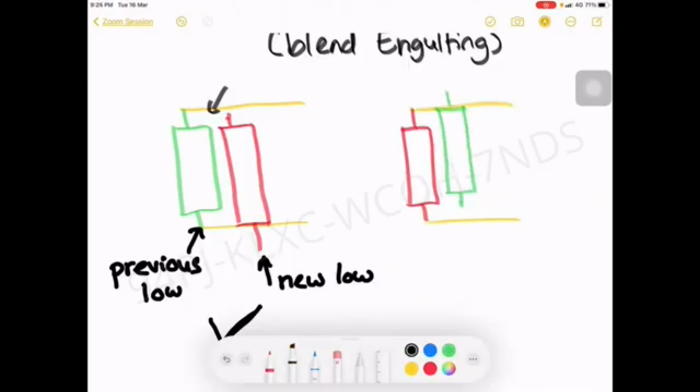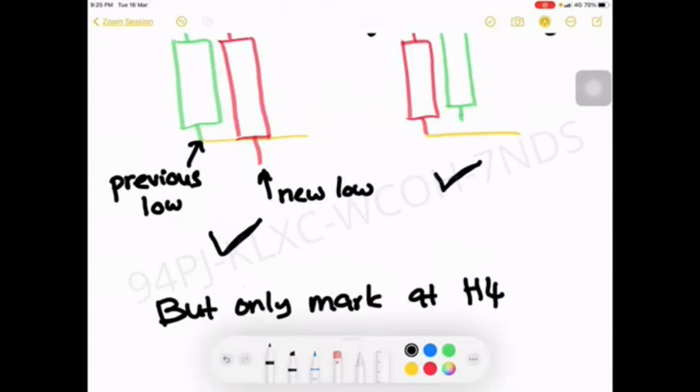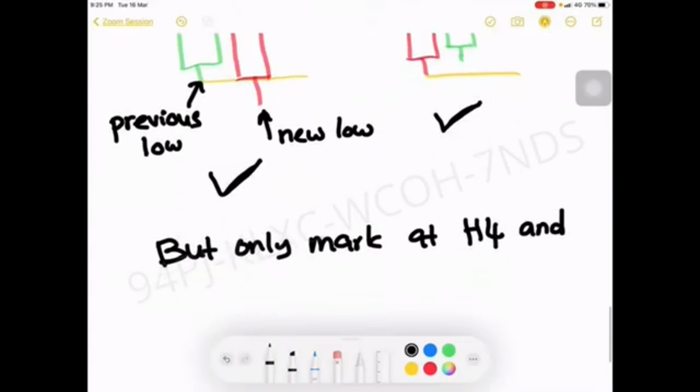If you have this one, it's also an engulfing because of the previous high and new high at H4.